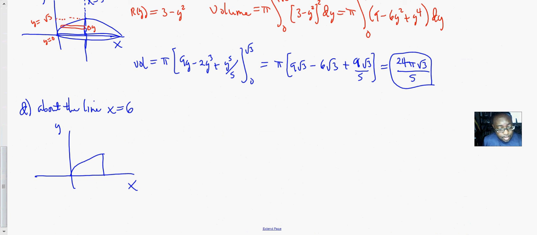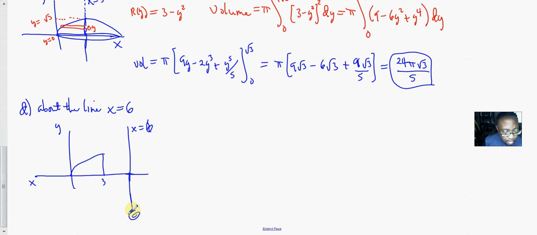Okay. Let's come over here. Let's put it right there. This is 3. This is x equal to 6.